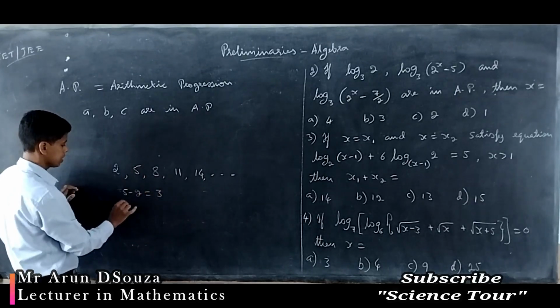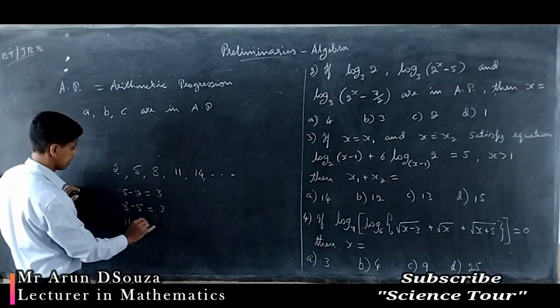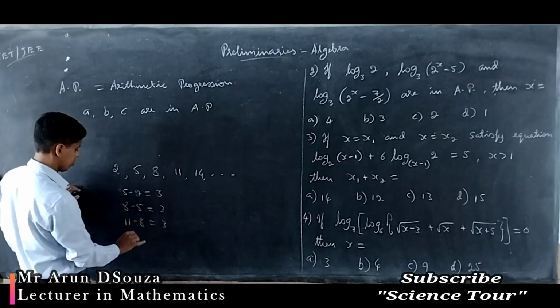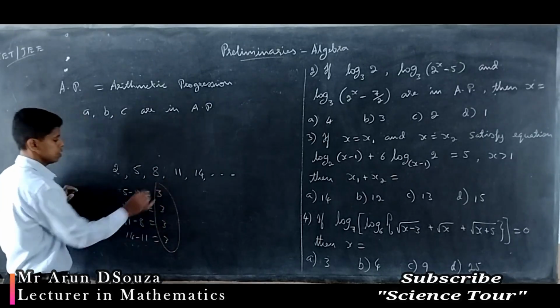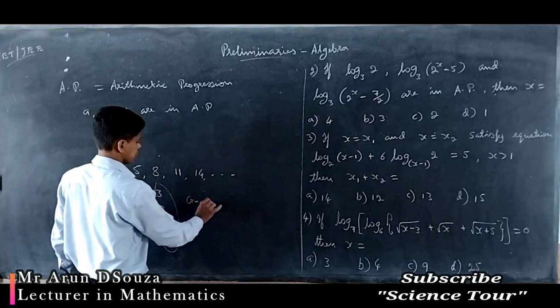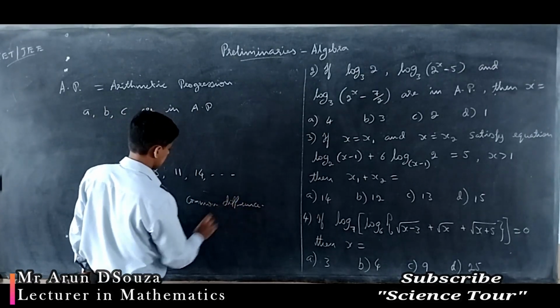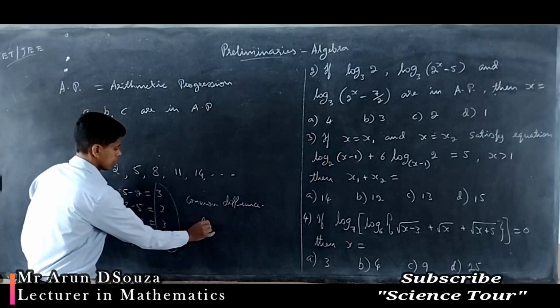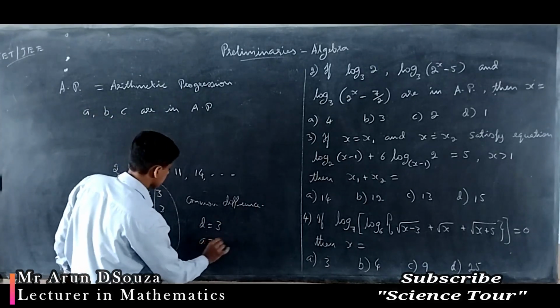What about 8 minus 5? That is also 3. 11 minus 8 is also 3, and 14 minus 11 is 3. Correct? So this is the common difference, and that is denoted by D. So D is 3, and this is A, the first term.